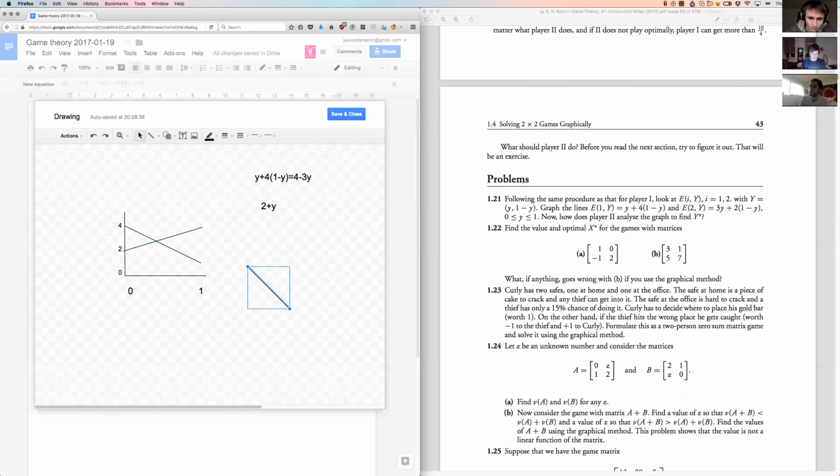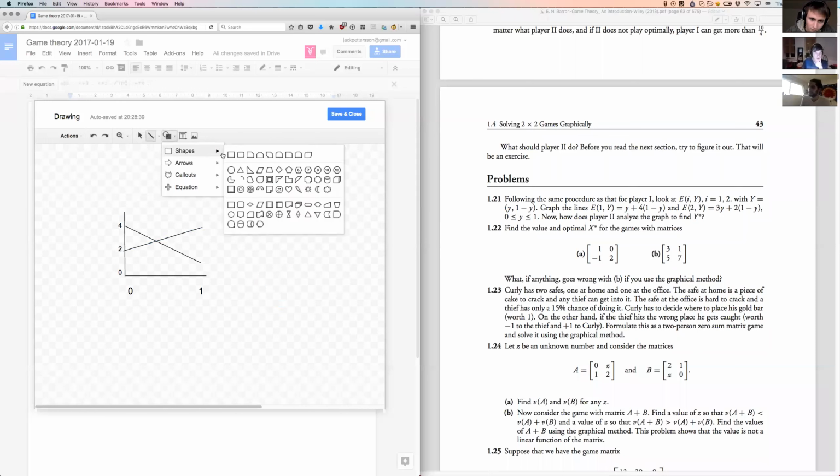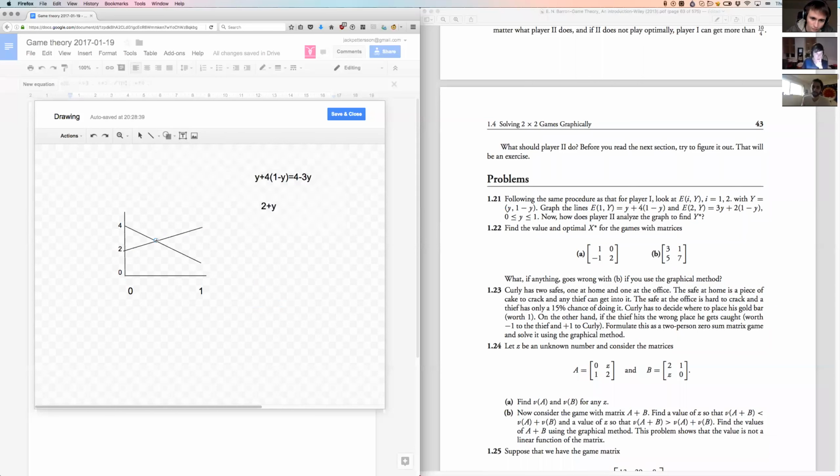Like that, basically. So we can see that they intersect like there.